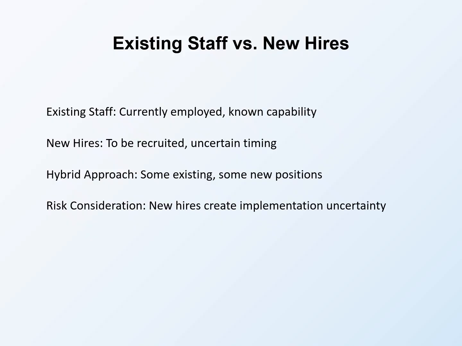Hybrid approach uses some existing and some new positions. Core functions might be staffed by current employees. Growth positions might be new hires. Mix manages risk while enabling expansion. Risk consideration recognizes that new hires create implementation uncertainty. Funders may want to know if key positions are filled or will be recruited. Identify which positions are existing versus new.